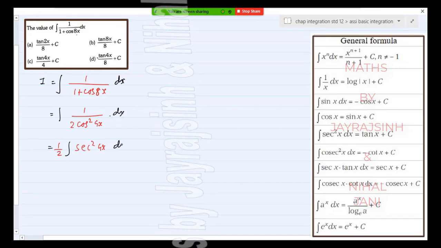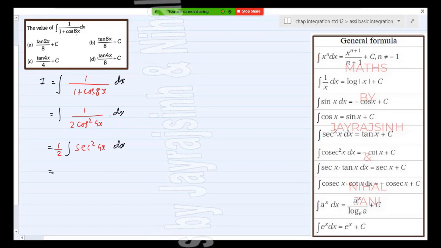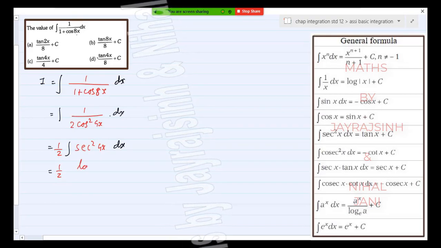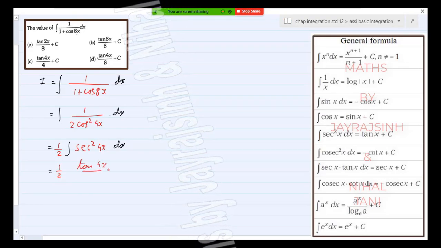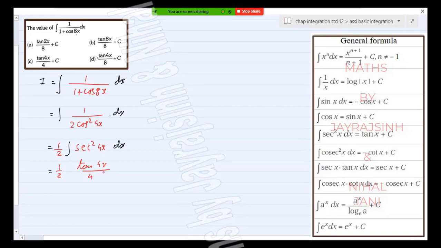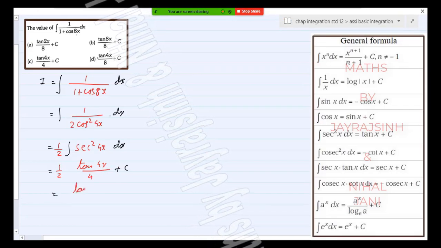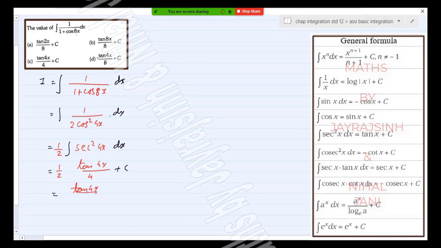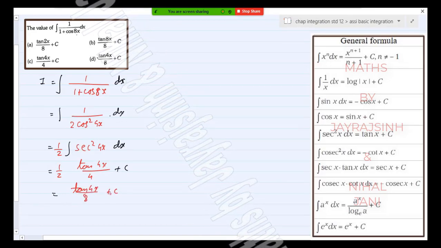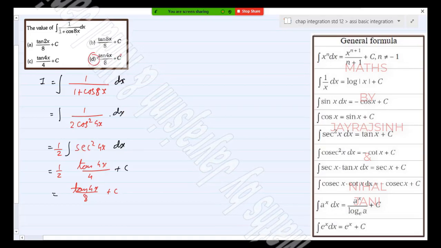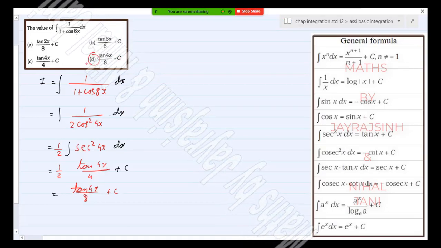Take it outside. 1 upon cos square can be rewritten as sec square 4x. It is tan 4x divided by the coefficient of x, which is 4, plus c, or we can say tan 4x upon 8 is your final answer, which is given in option D.